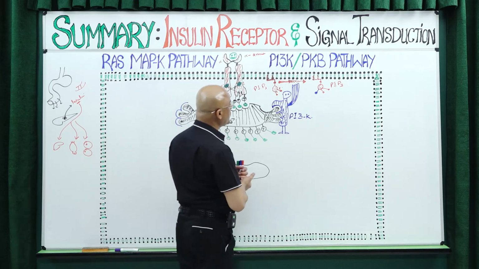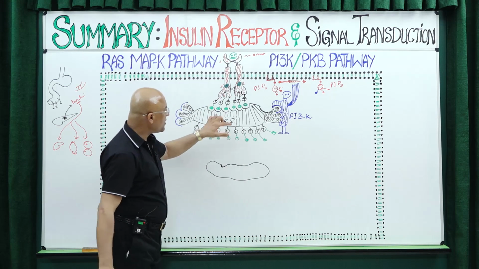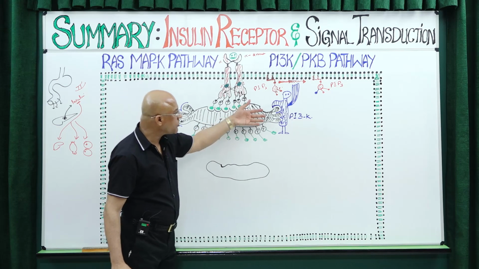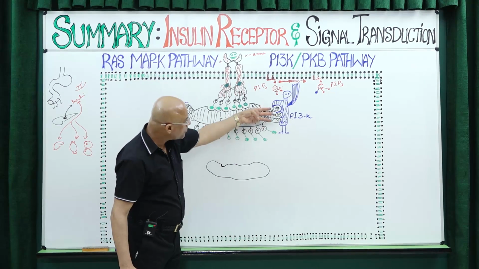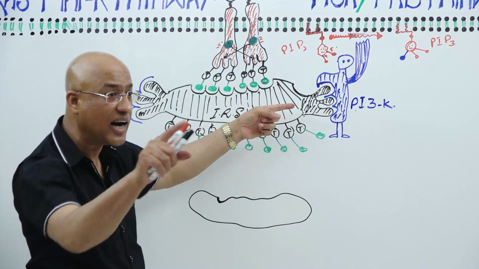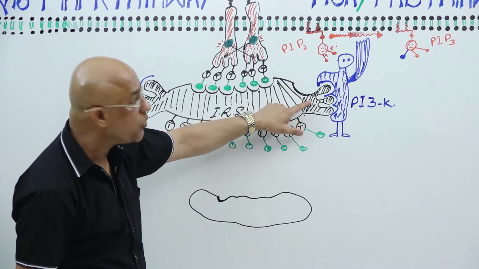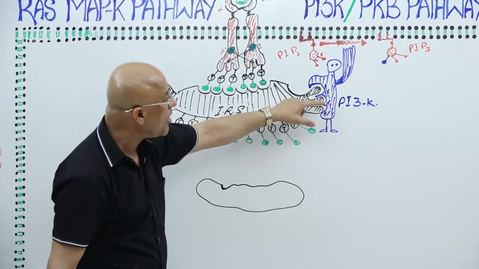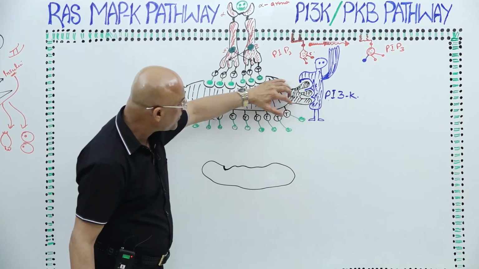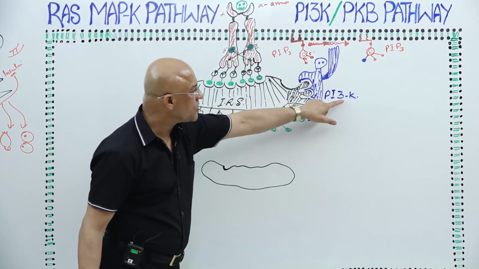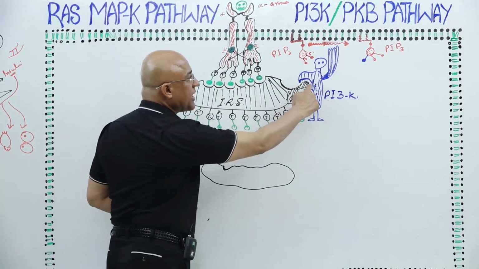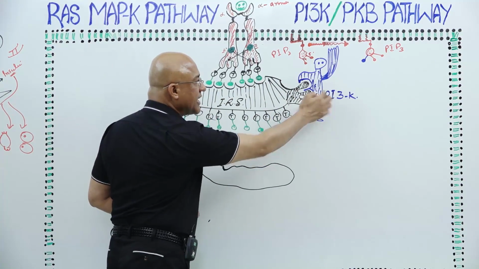Now here I would love to mention one more thing. When IRS was phosphorylated, it was activated, and it expressed a special domain. Now this special domain expressed by the activated phosphorylated IRS will bind only a special domain of the next protein. Is that right? If these components were not active, could PI3K bind over here? No. But even if this is active and this component of PI3K is not there, can it still bind?